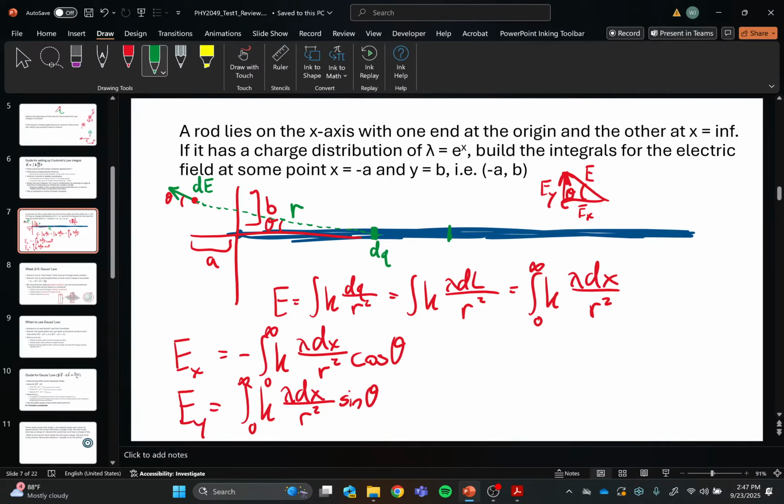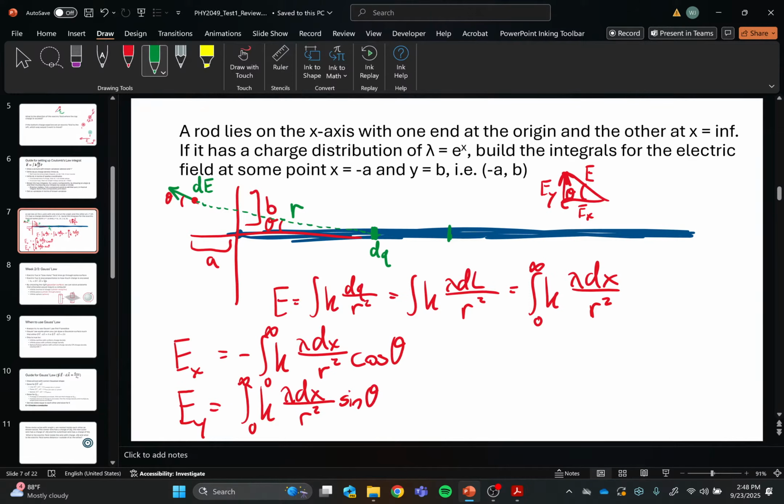You're summing over all individual small slices. Pick a point over here. Pick a little tiny piece of charge here. Pick one that's more. Yes, the horizontal distance changes. It's no longer just a. It's now a plus x.